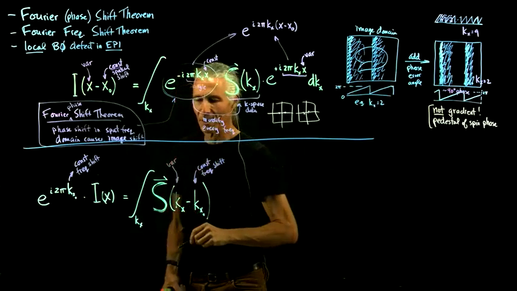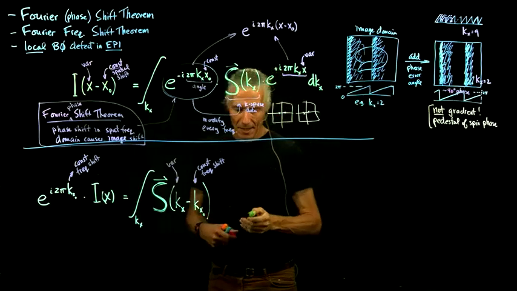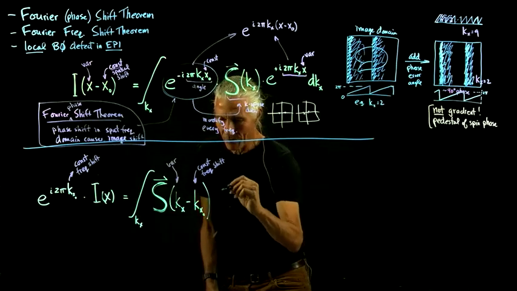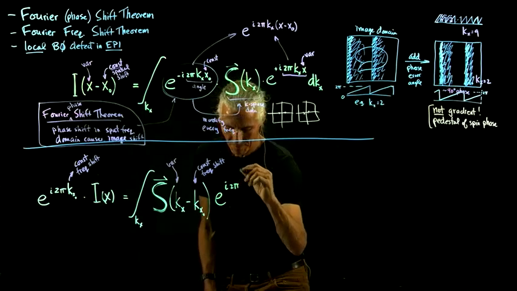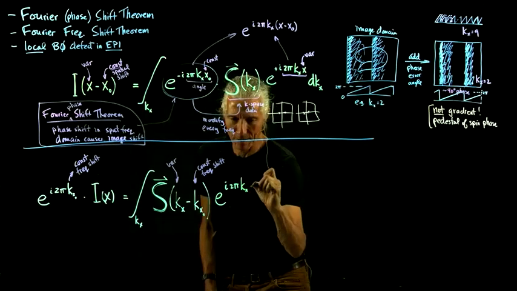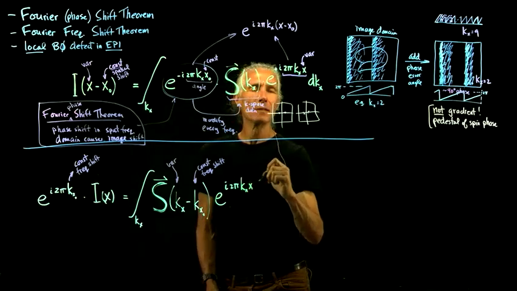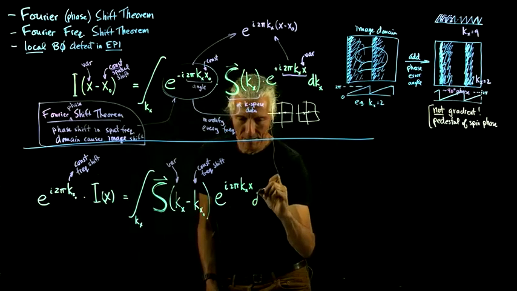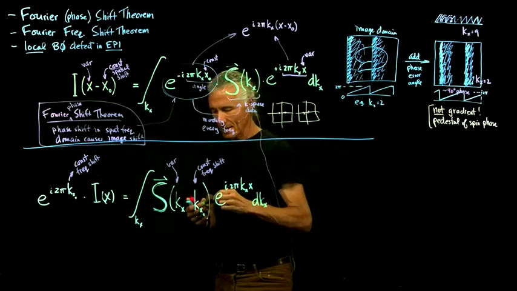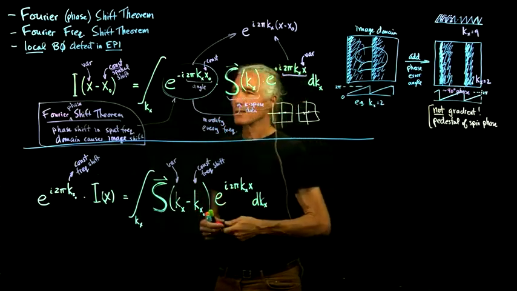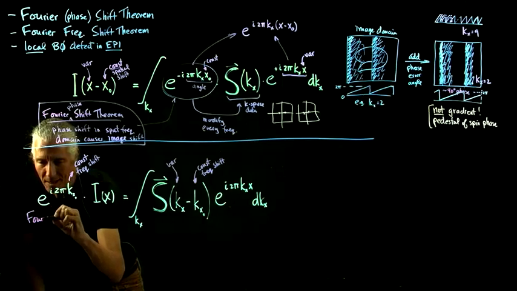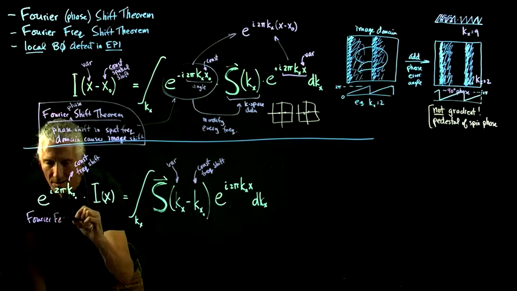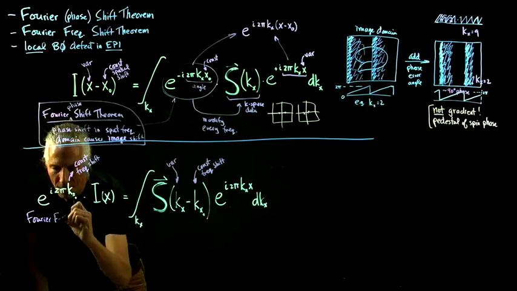That's the variable that we're integrating over. And then it's just a regular inverse Fourier transform: e to the i 2 pi kx, that's a variable, times x, summed across all spatial frequencies. So this is the Fourier frequency shift theorem.